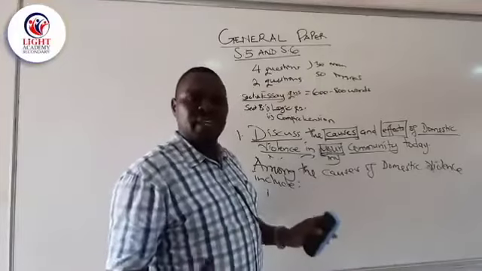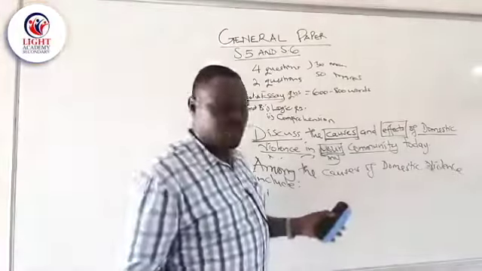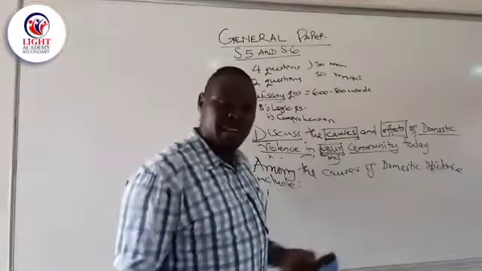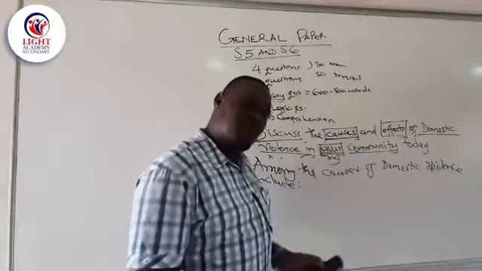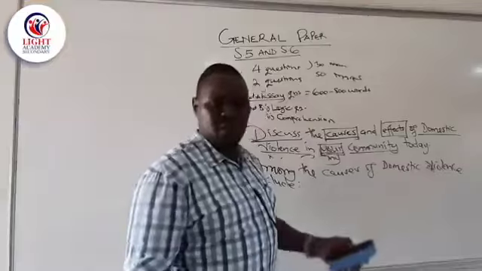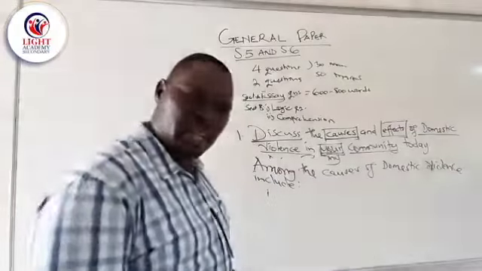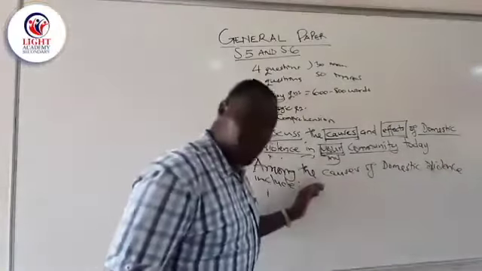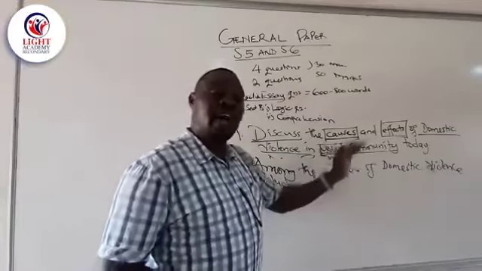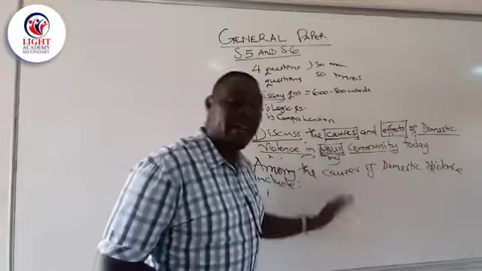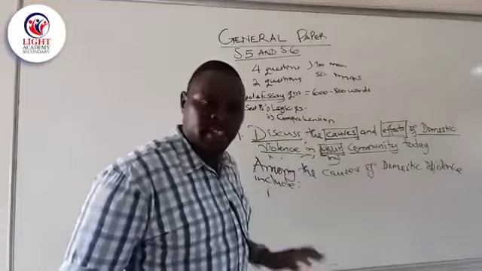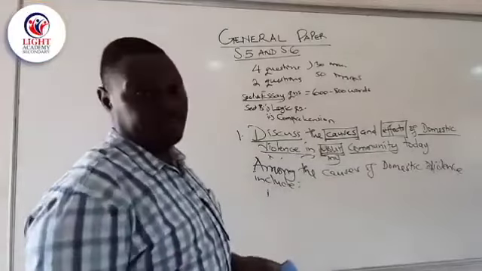Some people have witnessed on TV some who have not been given medication simply because there is no money. If there is no money now to buy food, to buy some of the essential commodities that are needed in our families, how can somebody spend money on medication? So, because of that, one can easily punish, one can easily use abusive language, one can easily batter, one can easily beat the wife or the husband simply because of poverty.